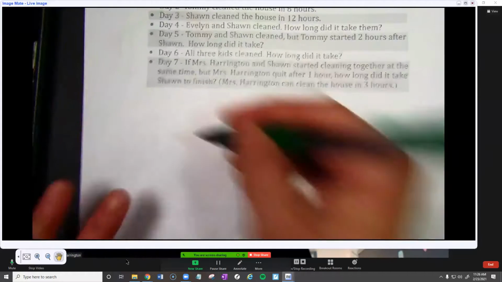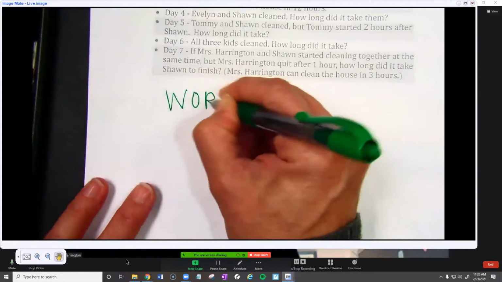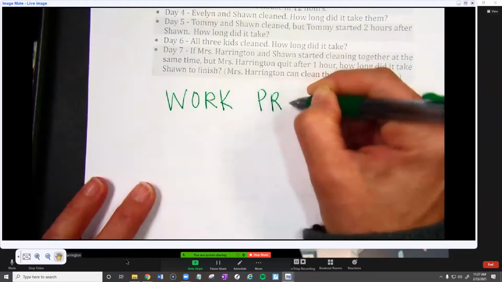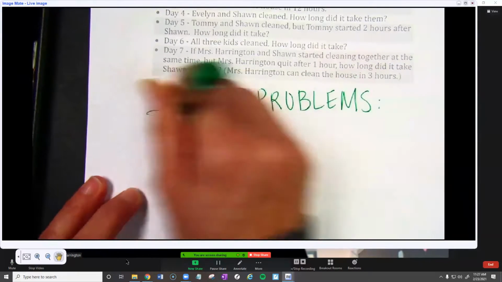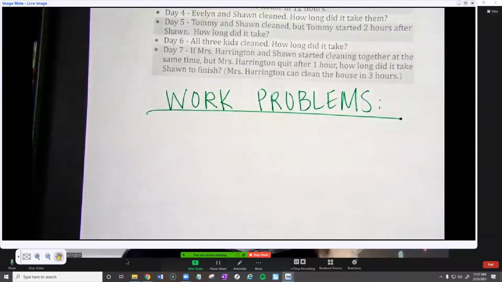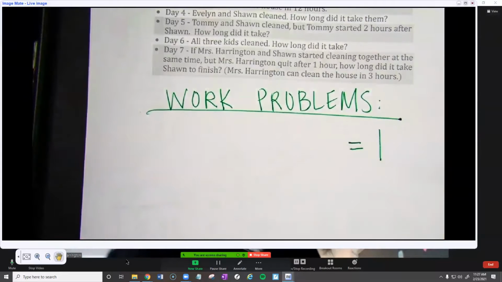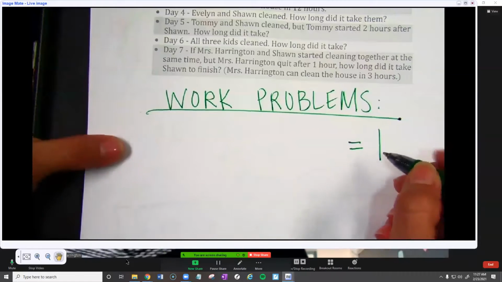So if you will please go back to page 1, this is the format for work problems. First of all, they always equal 1. One job, one task, one thing to do, one mom to get off their back.